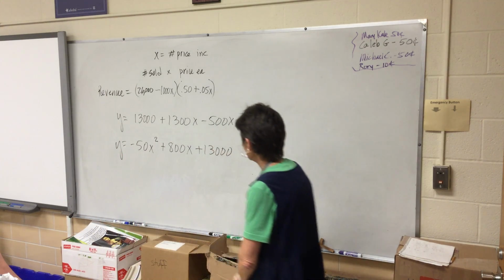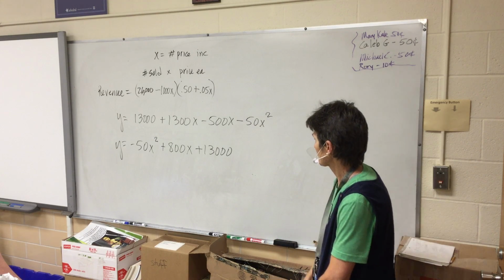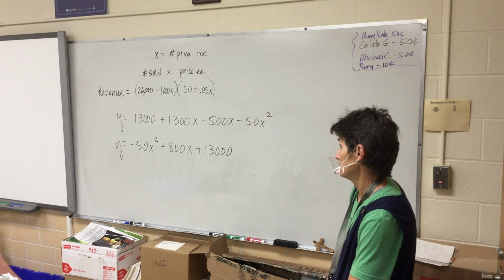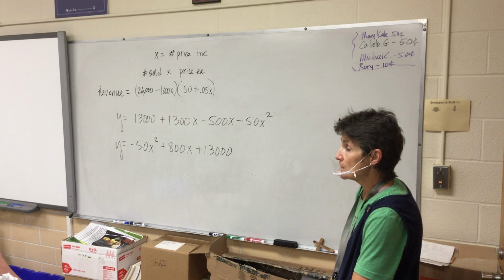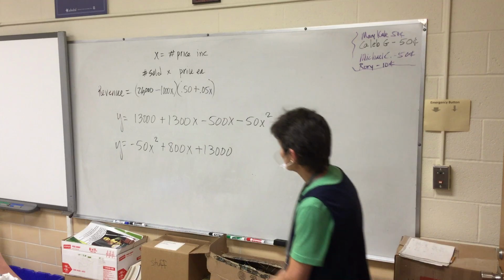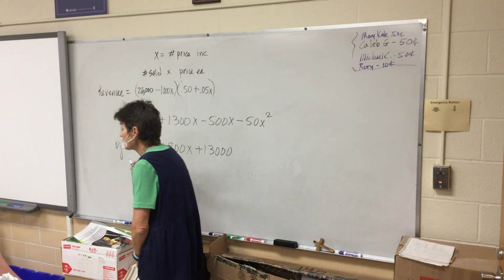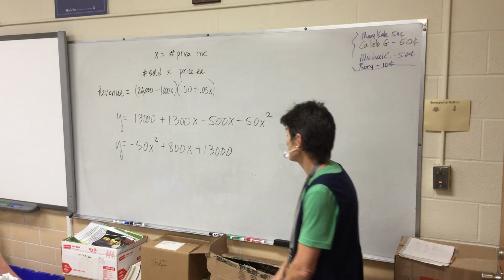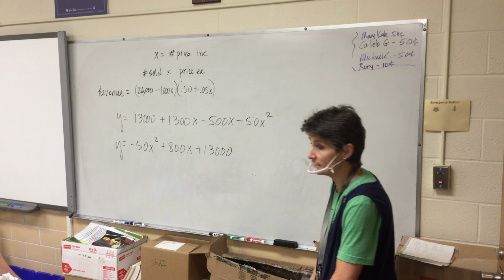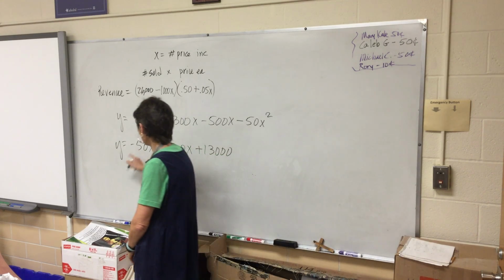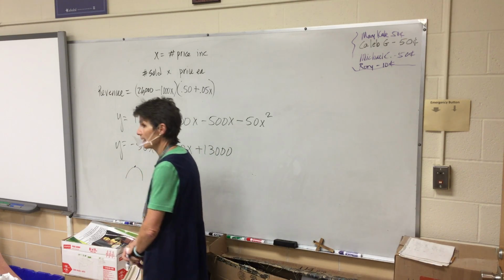Did I do that right? So that's my equation for my revenue. This is how my revenue is calculated. We want to maximize it. It opens down. We're looking for the vertex again.